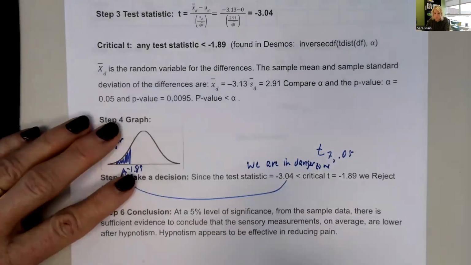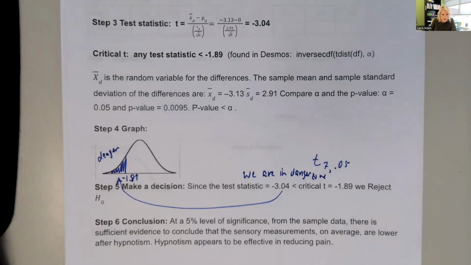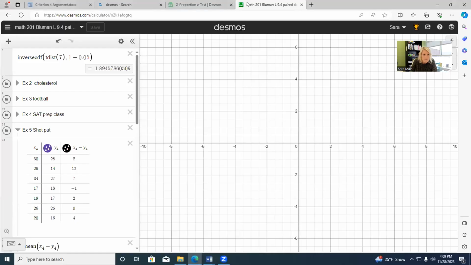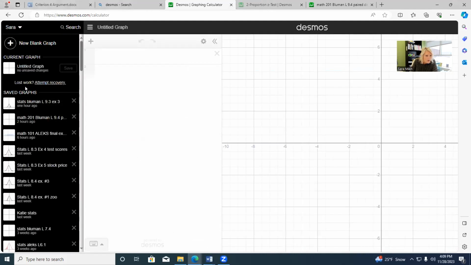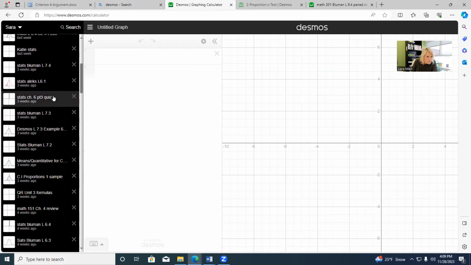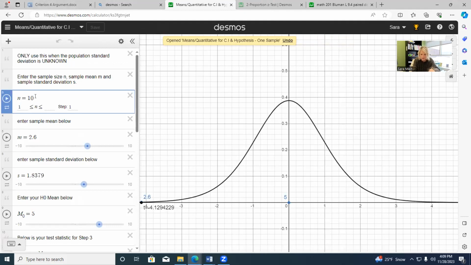And we can go to the program and show that our p-value is 0.0095, which is less than our alpha of 0.05. I'm going to show you that we can put in our sample here of 8.